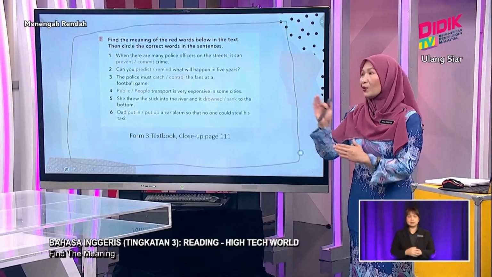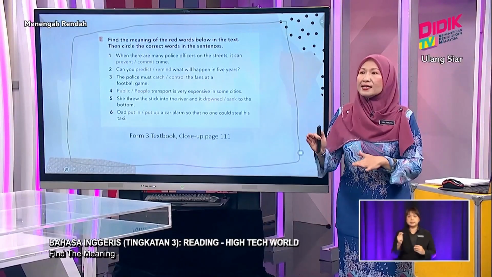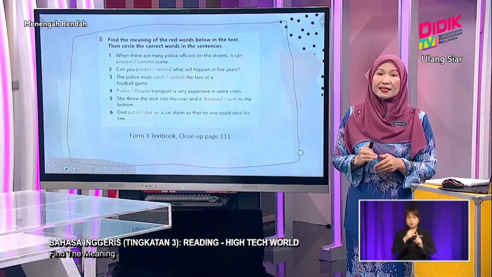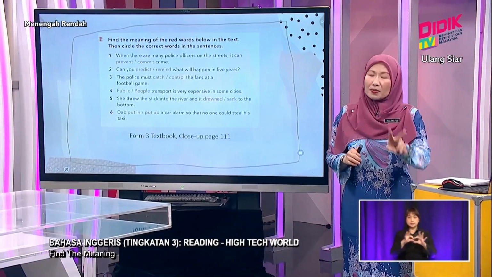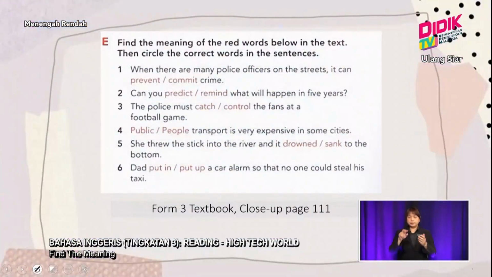They are going to find out the meanings of the red words in the 6 sentences there. Two options are given. They are going to read the sentences. These are all words that they have already read. This is just to reinforce their understanding of the text, to know whether they have fully understood the meaning of the words and phrases that they have read.